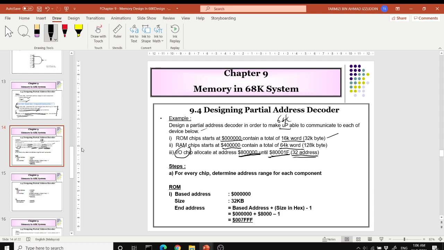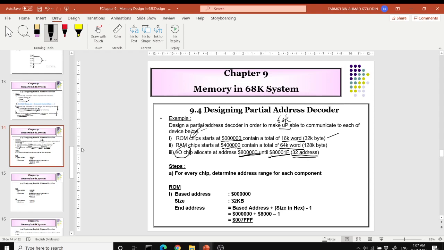We want to design a partial address decoder that decodes the address bits so that it can connect the 68K with all of these peripherals.